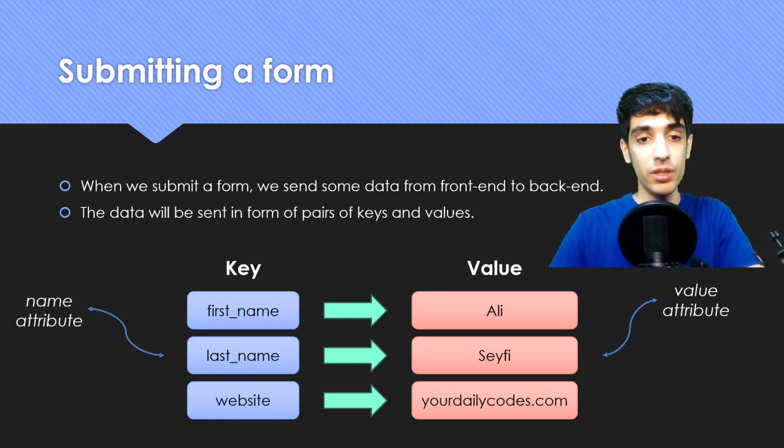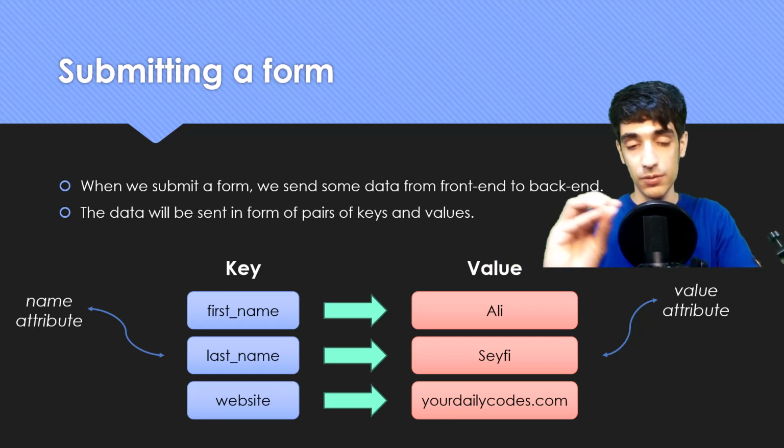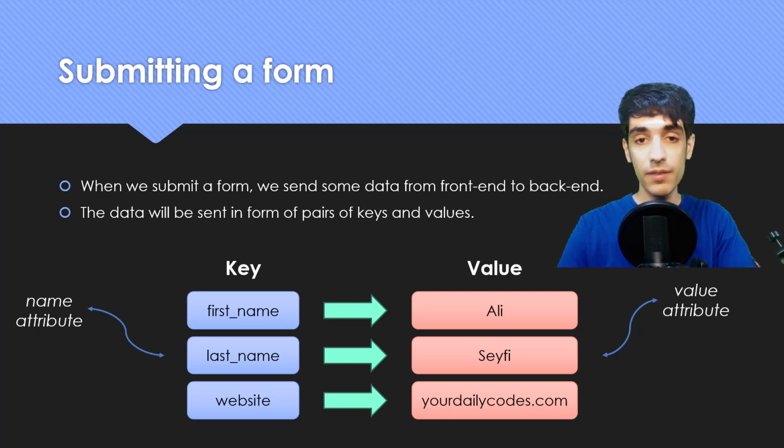For example, we input a name for one of our inputs, and we say the attribute name is first name, and the user might write something in it. For example, Ali or Saifi, or for the website you can type yourdailycodes.com. He sends some data, and we send that data as keys and values. So this name attribute is something very important. Also keep that in mind.